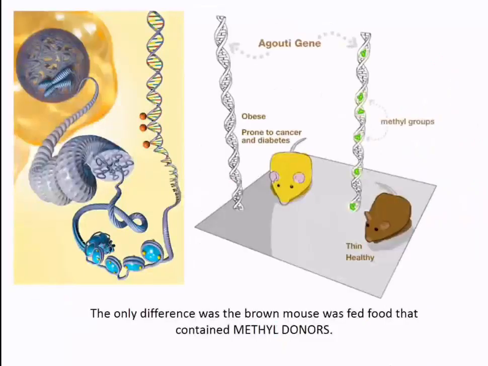Now what they've done, and I go over this in depth in my DNA workshop, is they've taken mice. You can see this little green area right there. You see that? That's the methyl group. Let me scoot back here.